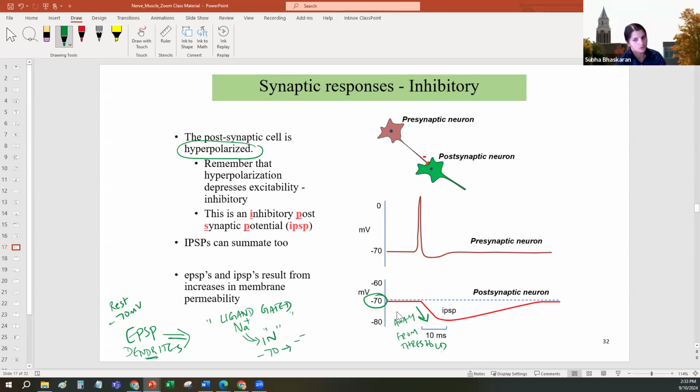I'm just giving you these numbers, you don't have to memorize. This is just an understanding. It is going from -70 to -55. If this is the threshold, then what would happen? It'll induce an action potential. Then it will open voltage gated sodium channels that are found on the axon, yes or no?